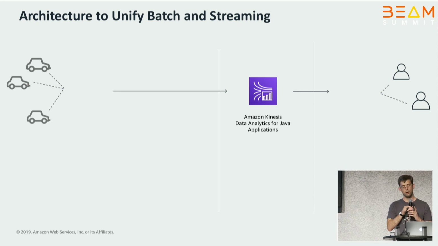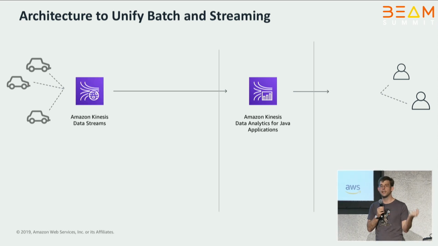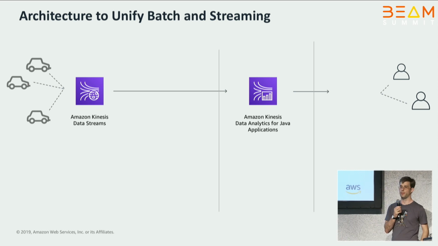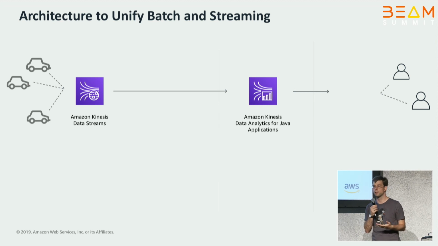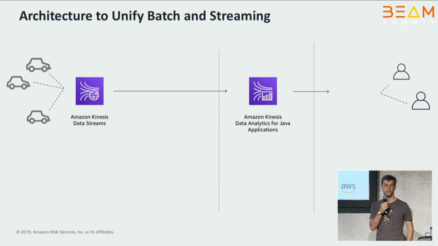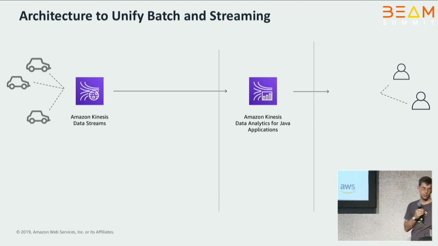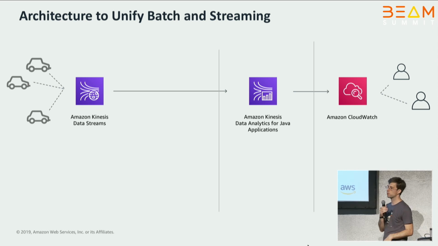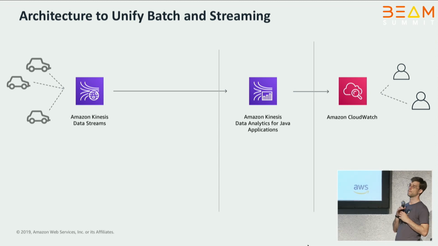Okay, so the taxi trips are not sending the data directly to the Beam pipeline. They're ingesting data into a service called Kinesis Data Streams, which is basically just a replayable ordered log. The Beam pipeline will read the data from there, aggregate it, and then send it to CloudWatch, which is a service to collect metrics and log files and visualize them.